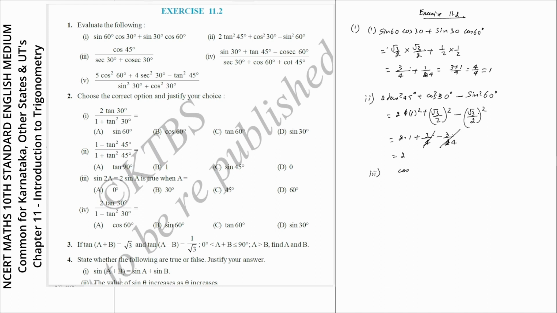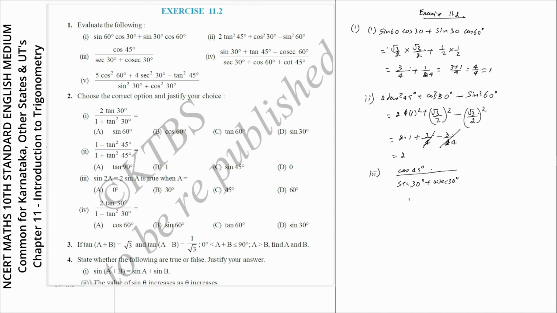So third sub question, cos 45 degree divided by secant 30 degree plus cosecant 30 degree. So now what are the values? Now substitute. So cos 45 degree, cos 45 is 1 by root 2.